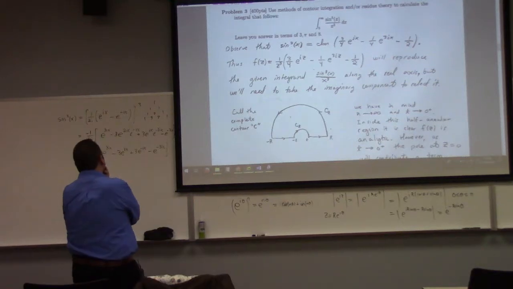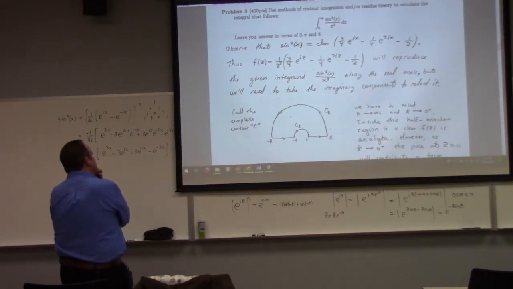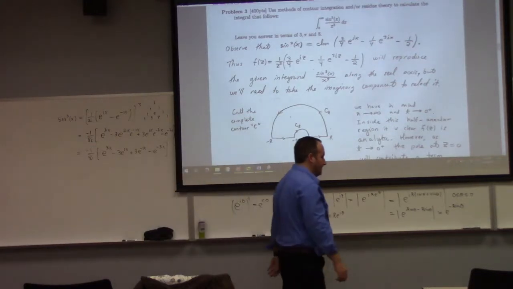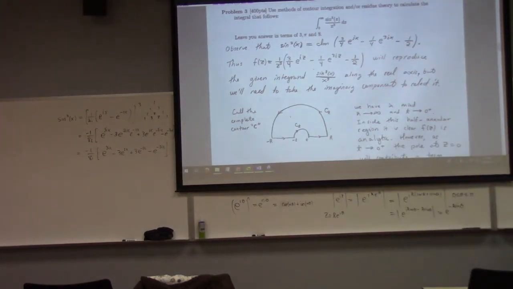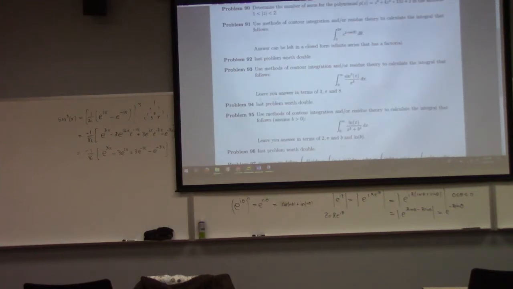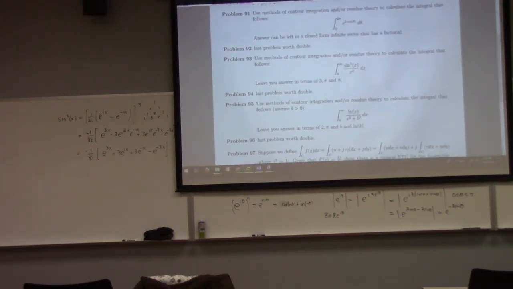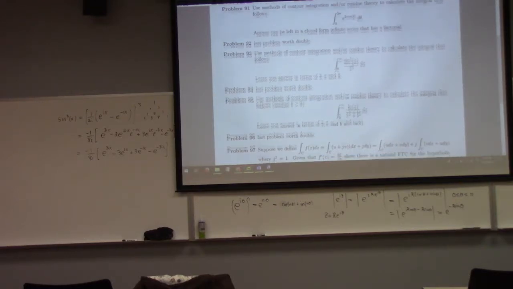I guess the last four all look related to what we did today, sort of at the beginning. The ones that all have to be small numbers. Yes, I would be happy to try to say something about those. These contour problems, there's a reason I made these worth double. It's because they're a pain in the butt.